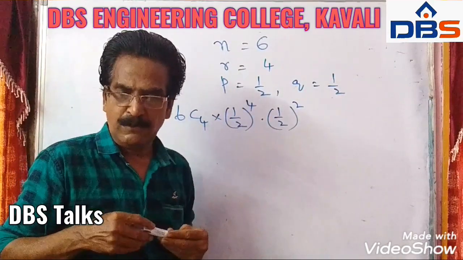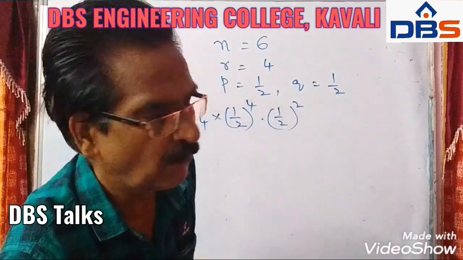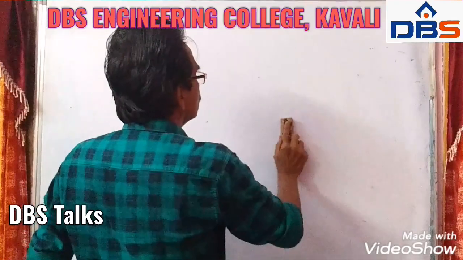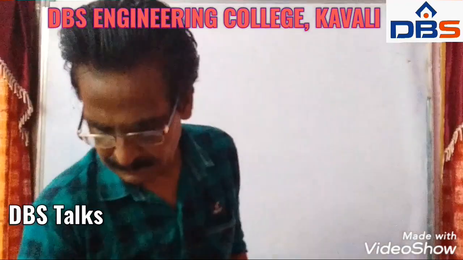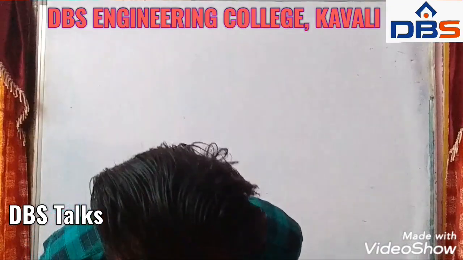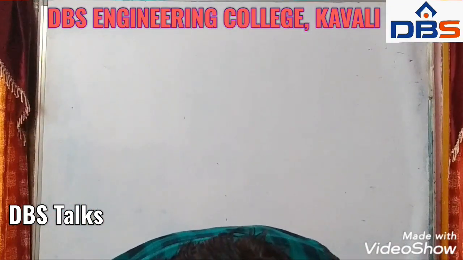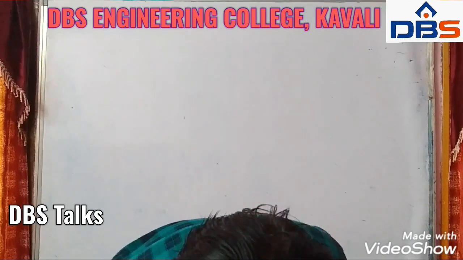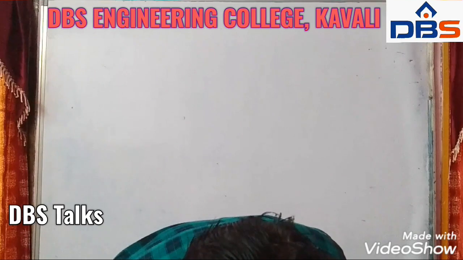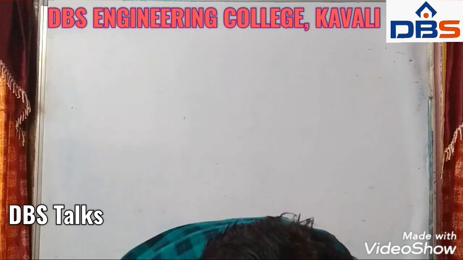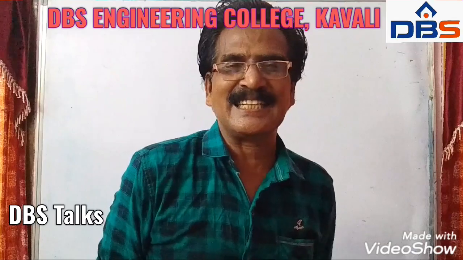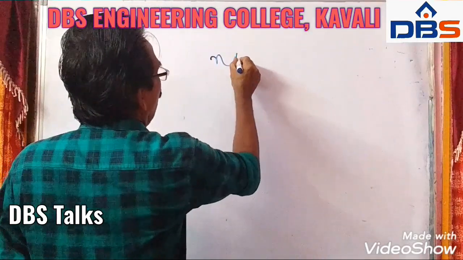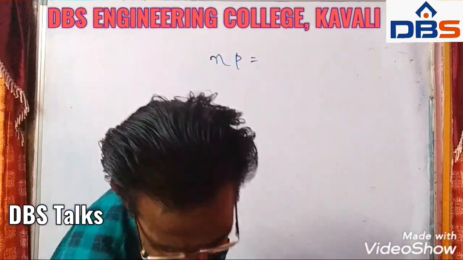Okay friends, we can go to the next problem. Friends, the next problem is: if in a binomial distribution the mean is 20 and standard deviation is root 15, then find P. Mean we know, it is NP.